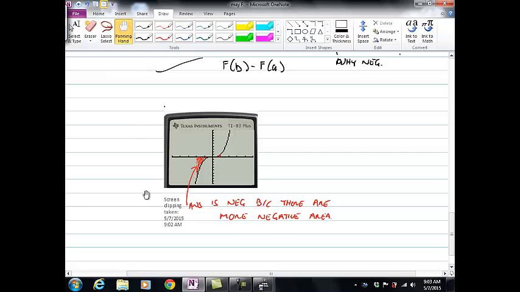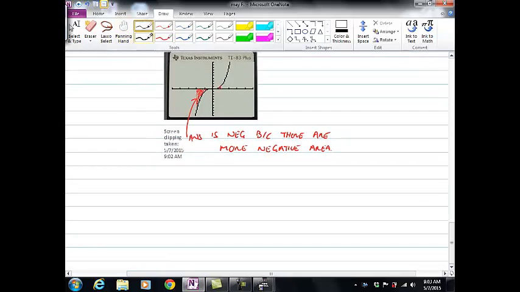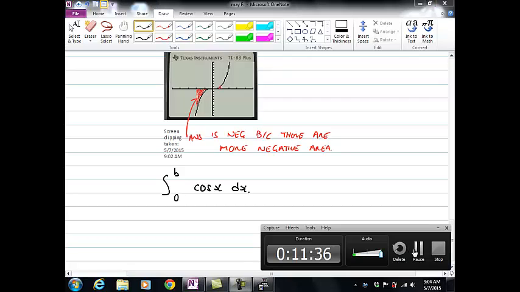Try this one. F of x, the integral from 0 to b of cos x dx. What is the area of that graph? Go. And after this, I'm going to give you a team challenge, and we are done.